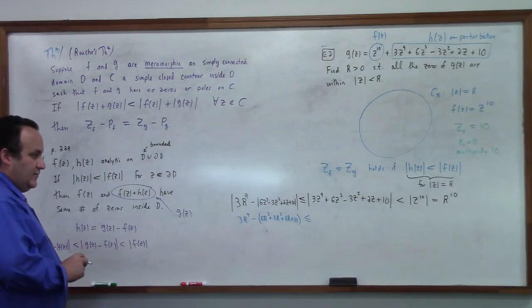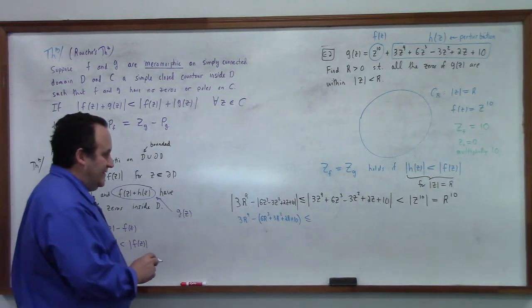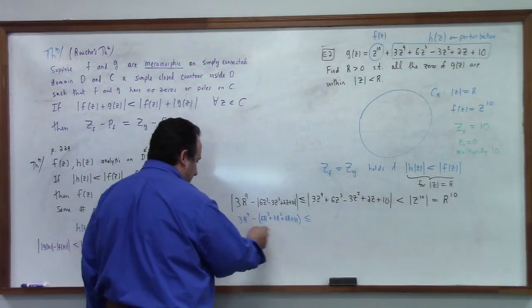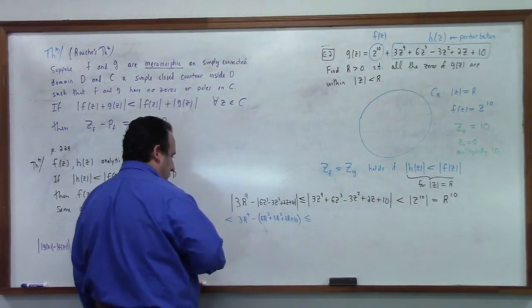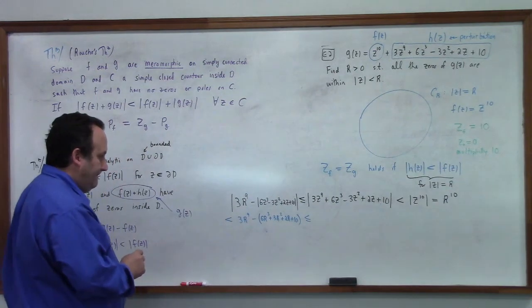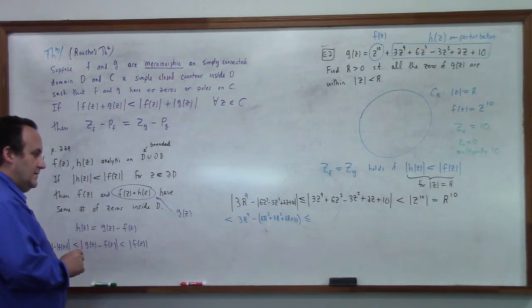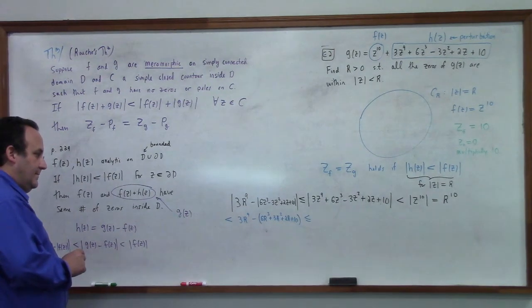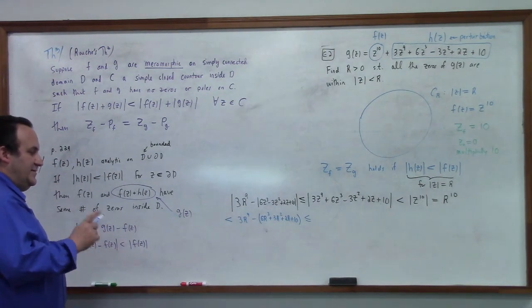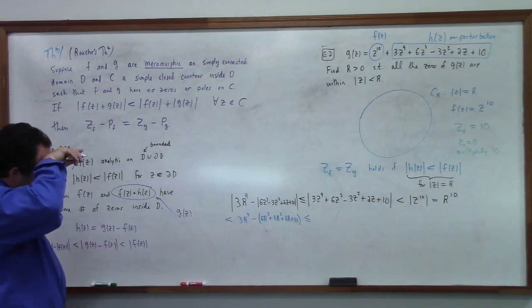Can you tell me something that's intuitively clear to be less than this? 10? R equal to 10? No, I want to keep the r dependence here for a second.